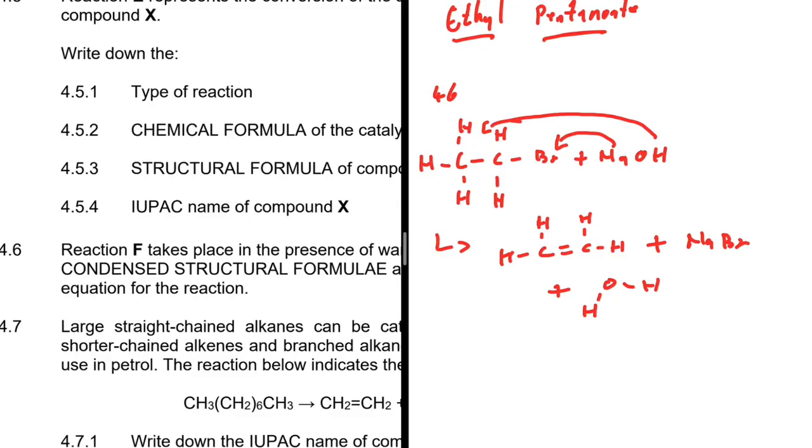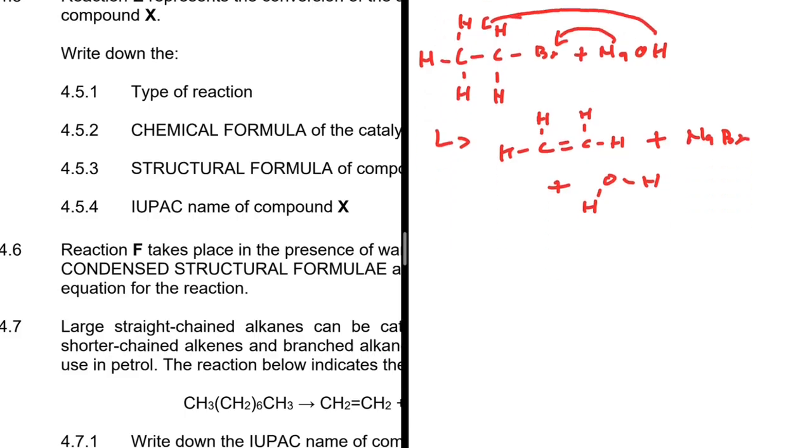But our equation, we're supposed to use condensed structural formula. So let's go ahead and do that. This is just for the sake of clarity. So condensed structural formula, CH3CH2Br, plus NaOH. And what does this give us?